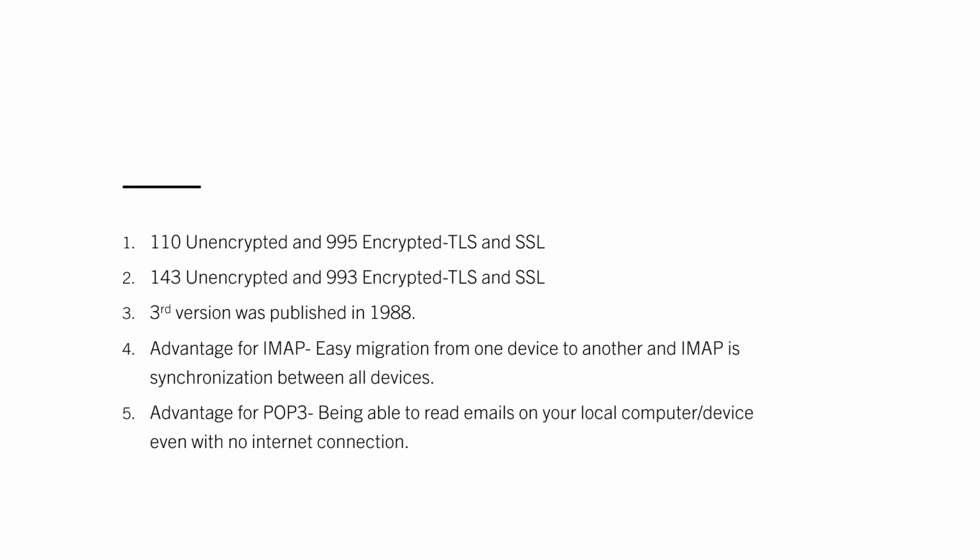Question 3, the 3rd version was published in 1988. Question 4, the advantage for IMAP is easy migration from one device to another, and synchronization between all devices. And question 5, the advantage for POP3 is being able to read emails on your local computer or device even with no internet connection.